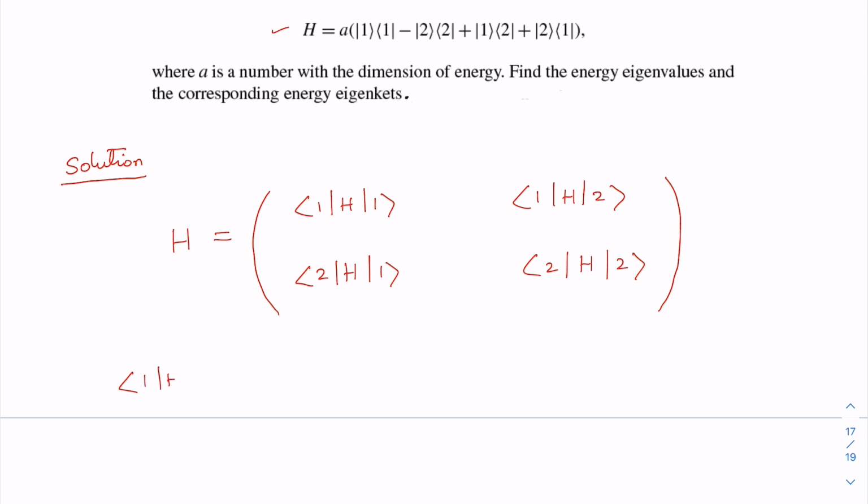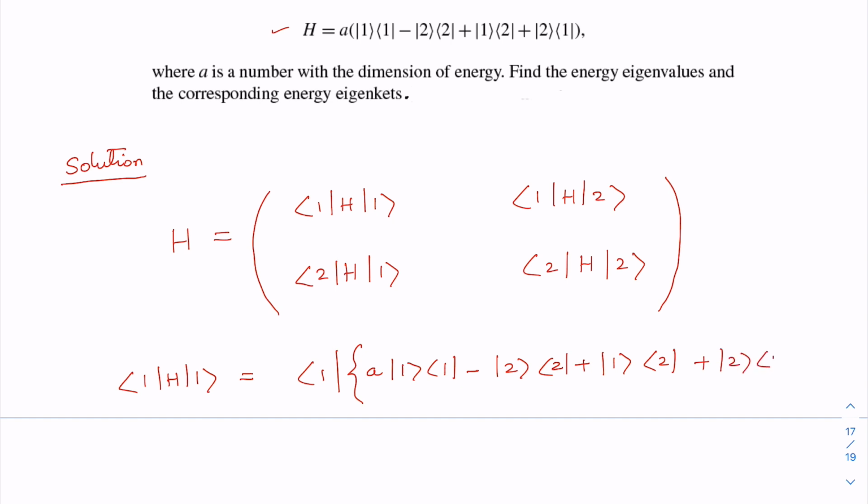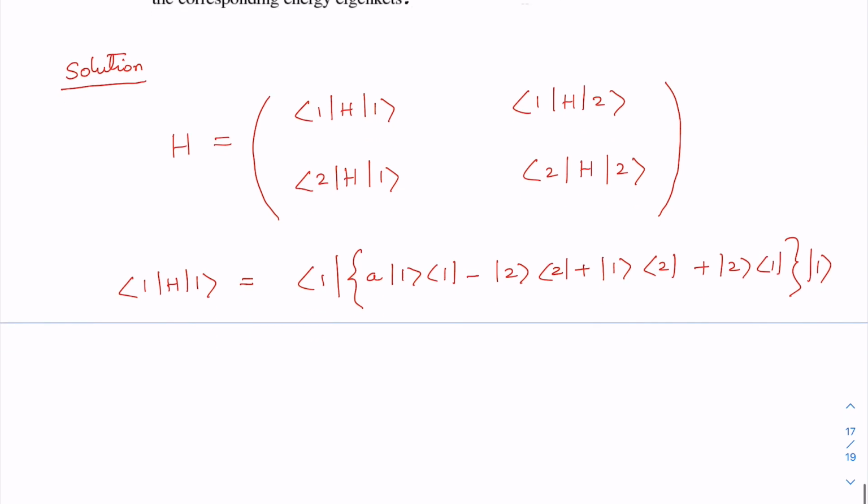For example, <1|H|1> would be: you have <1| here, the Hamiltonian A, |1><1| minus |2><2| plus |1><2| plus |2><1|, and then |1> here. So as you can see, this will simply give you A.